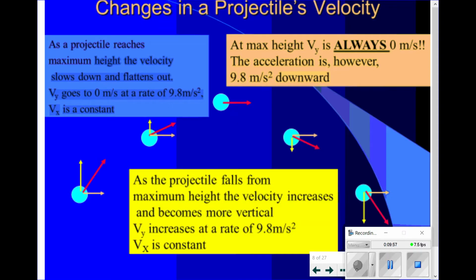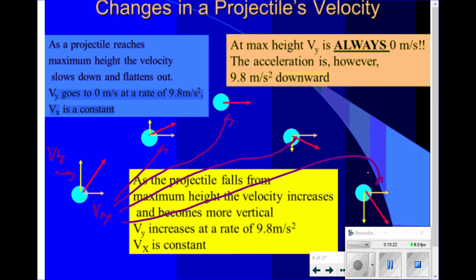If I focus on the velocity vectors of a projectile while it's in the air, I can break my velocity vector into two components, the y motion and the x motion. Please notice that the x motion vector never changes in terms of direction or magnitude.